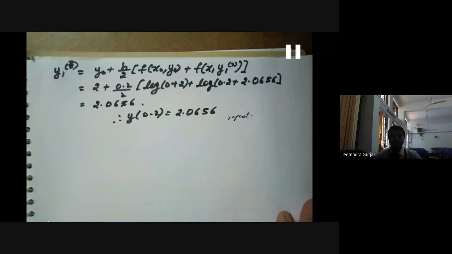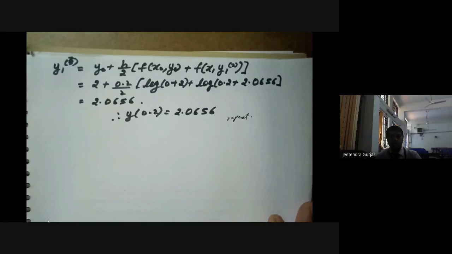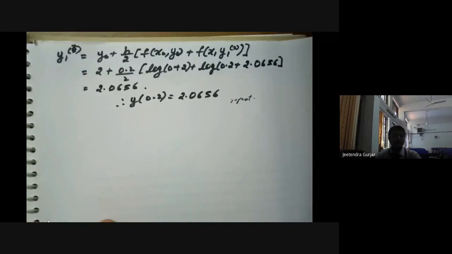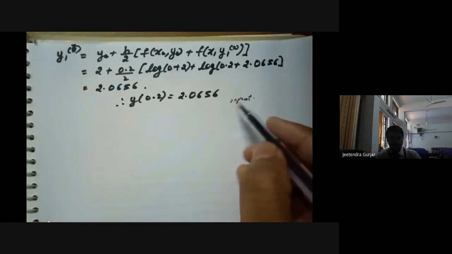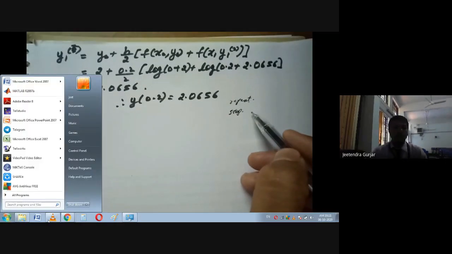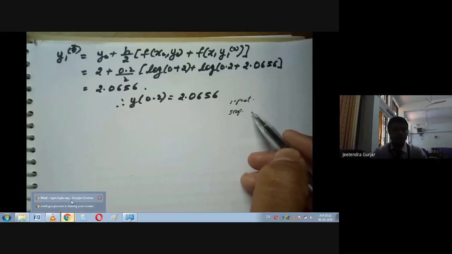So y1 raised to 3 is equal to y0 plus h upon 2, f of x0 comma y0 plus f of x1, y1 raised to 2, is equal to 2 plus 0.2 divided by 2, log of 0 plus 2 plus log of 0.2 plus 2.0656. Substitute the values, students, and calculate. In the calculator, you are going to get y1 raised to 3 is equal to 2.0656. That is our answer, student. So this is very simple, and it is clear now how the Euler's modified method has been solved.